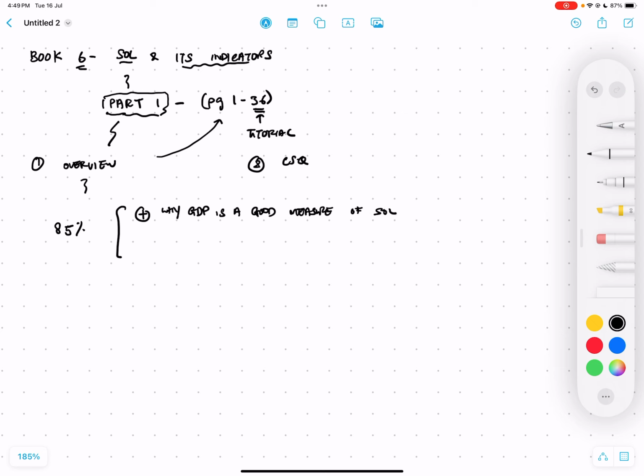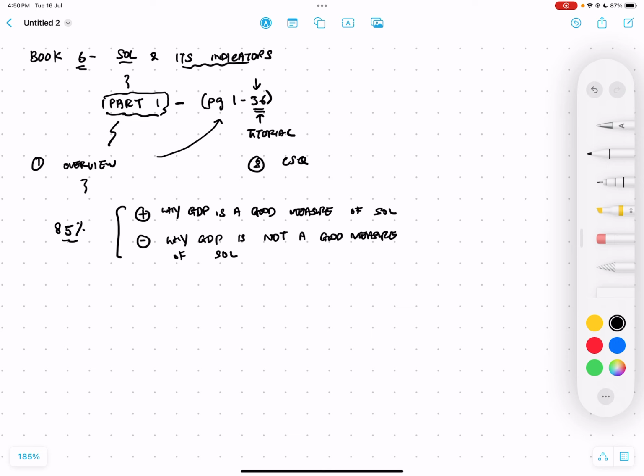And then just like how GDP is a good measure of SOL, there are also arguments for why GDP is not a good measure of SOL.